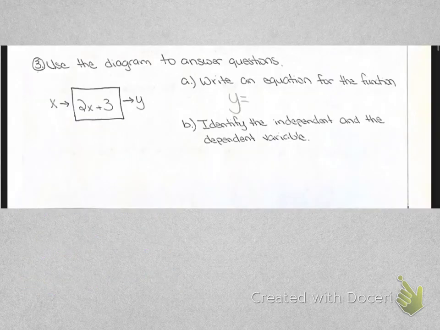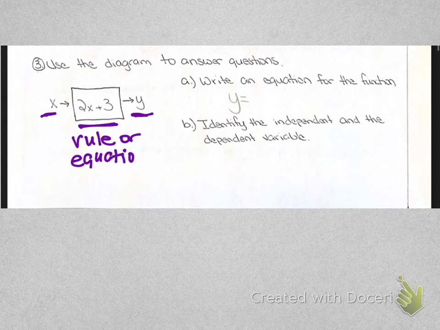Number 3. Use the diagram to answer questions. So here's our diagram. It's an input-output rule. This is your input. This is your output. This is your rule or your equation.